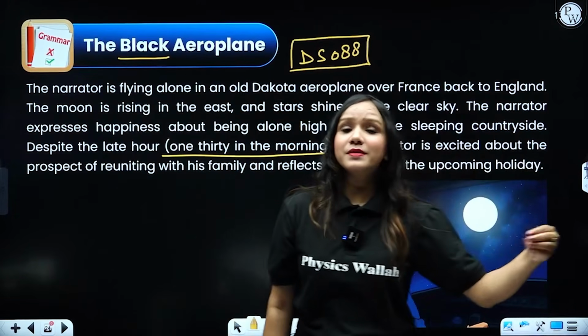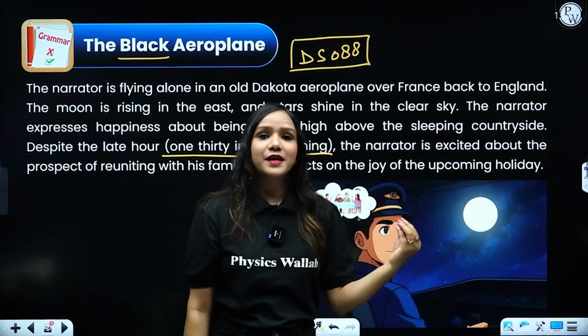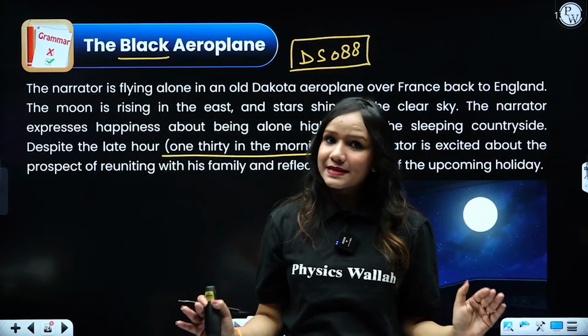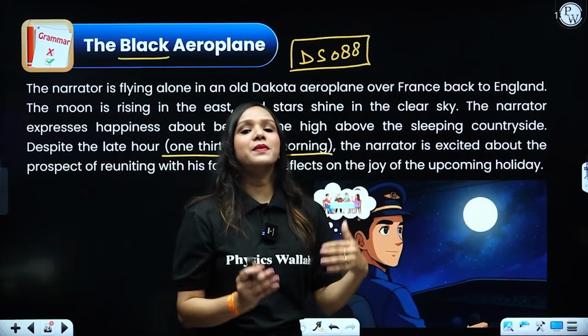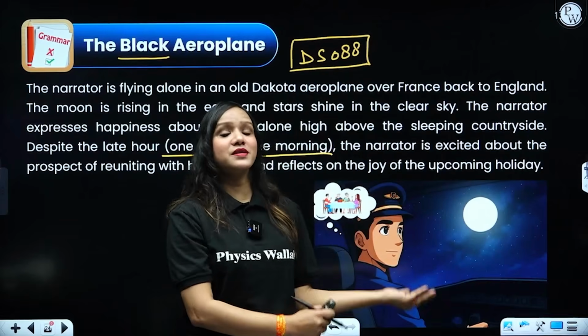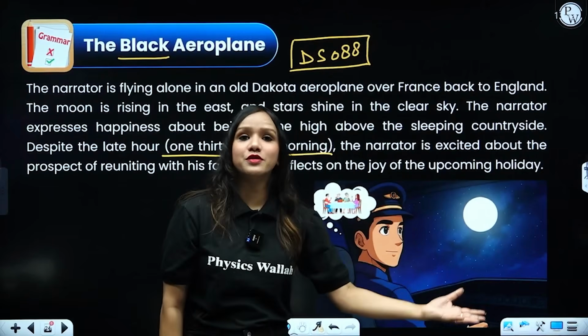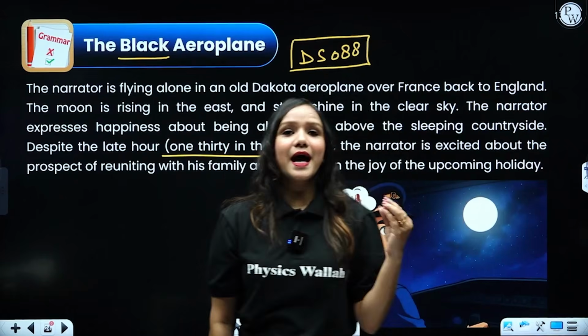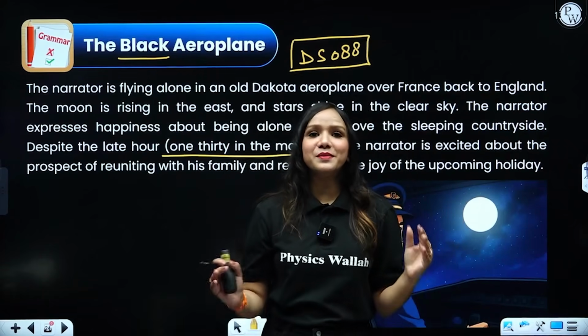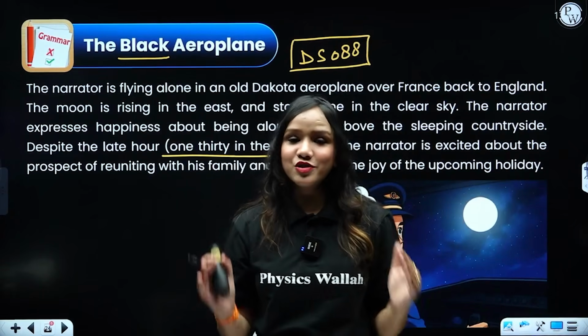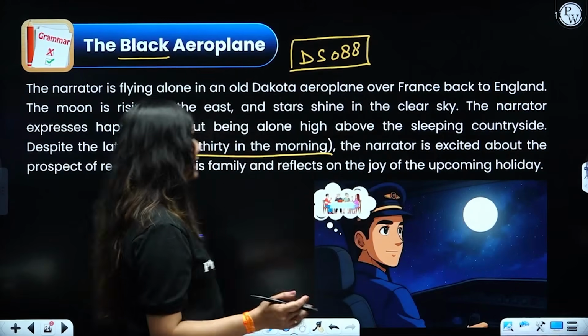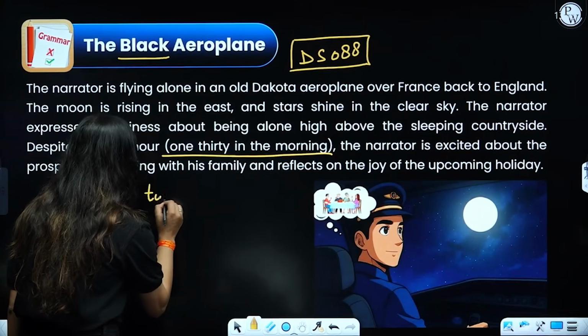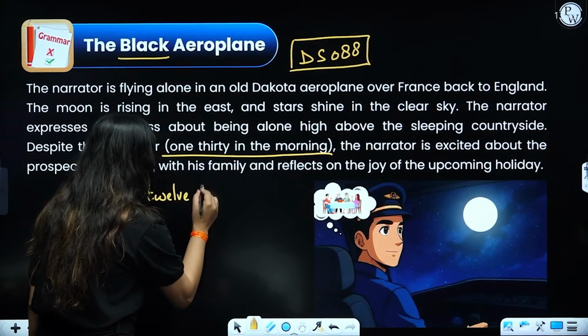After keeping his radio on, he tried to get in touch with the Paris control room. He told him about his own direction and was seeking directions in order to reach his destination, which was actually England. And the Paris control room immediately responded by instructing him to fly 12 degrees west.